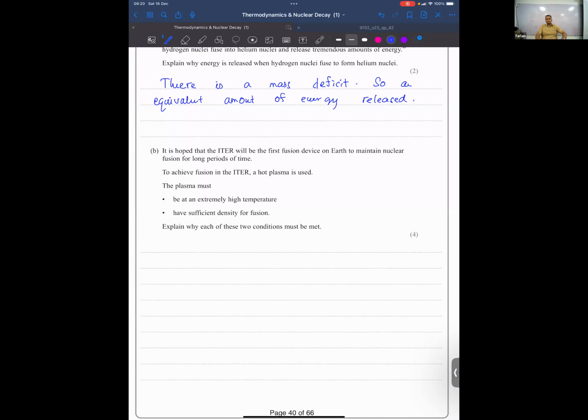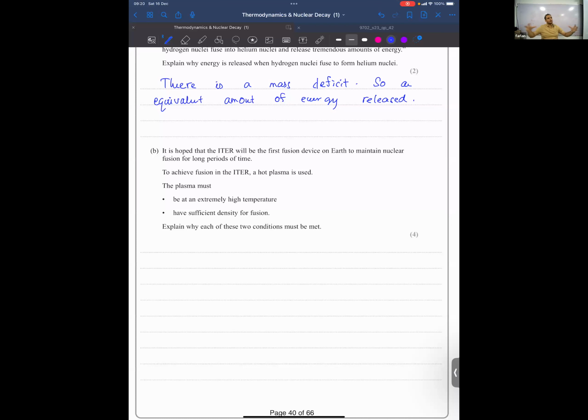The 4 mark. Guys, now listen. Extremely high temperature is required, why, for nuclear fusion to happen. If you take two nuclei, both are positively charged. So they naturally have an electrostatic repulsive force. So they try to move away from each other. They will not want to come and fuse together naturally.